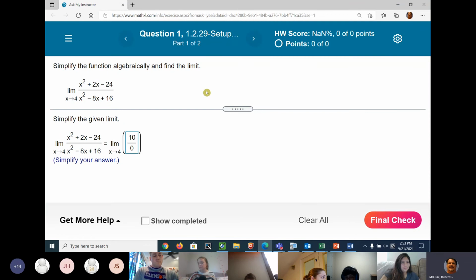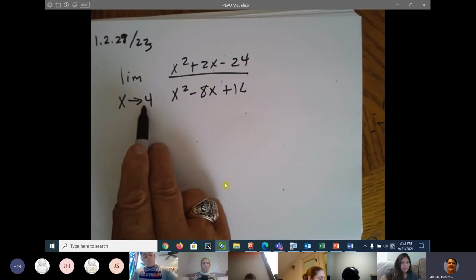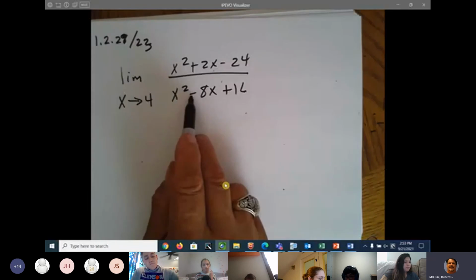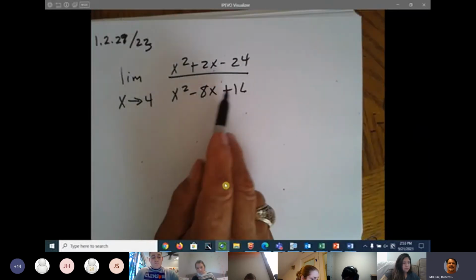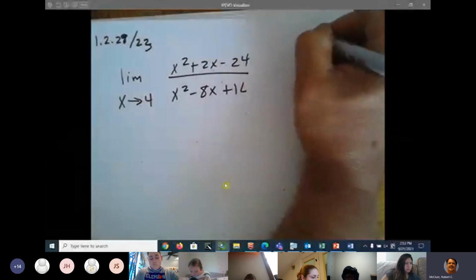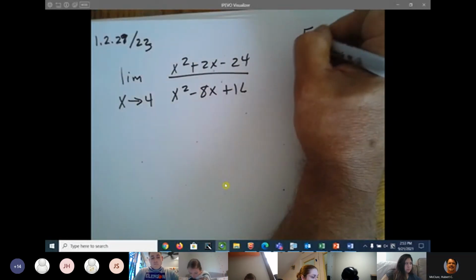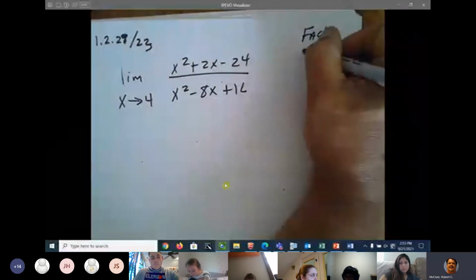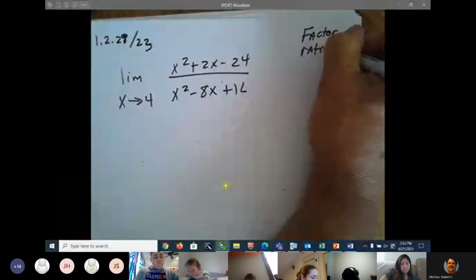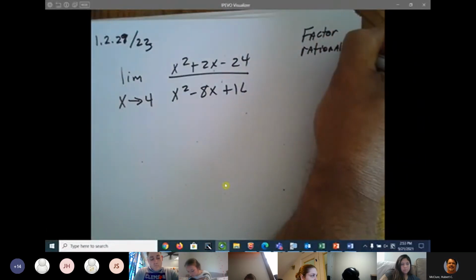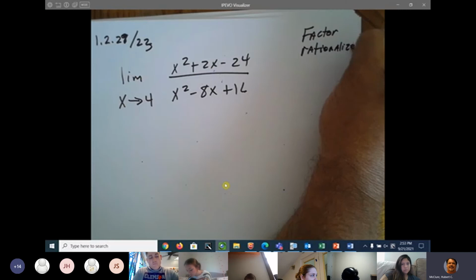The first thing I'm going to do is see what happens when you plug in 4. 4 would be 16 minus 32, which is negative 16. So we have to either factor or rationalize or use shortcuts, one of those three.